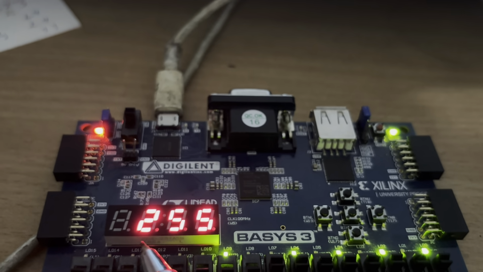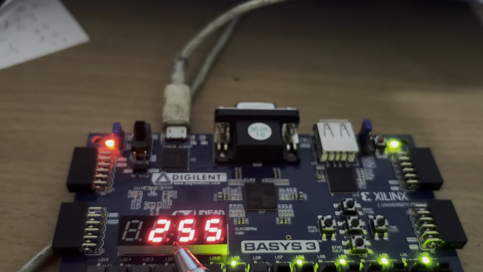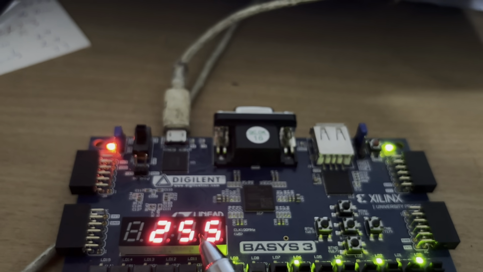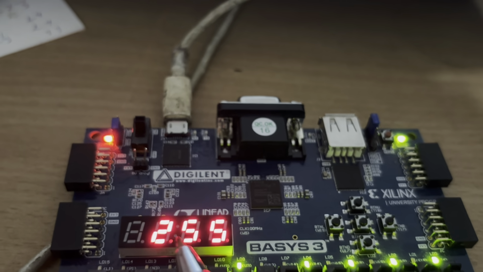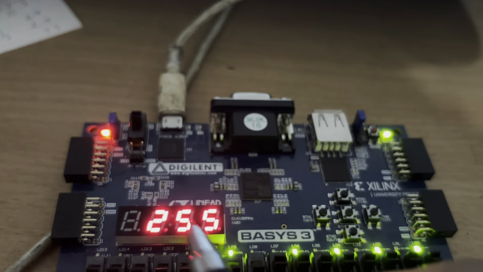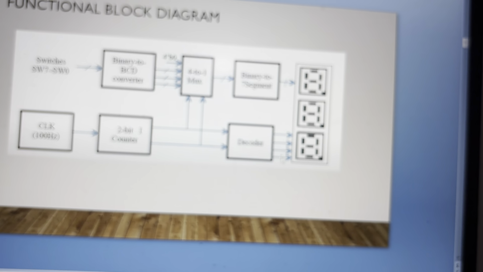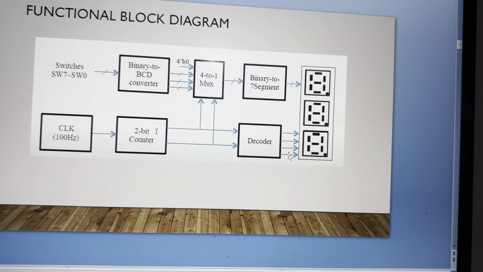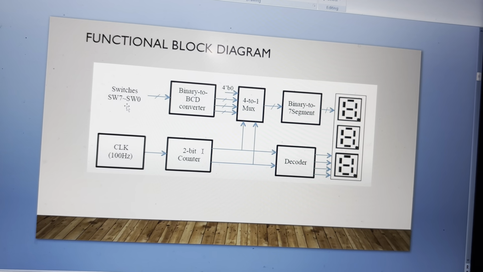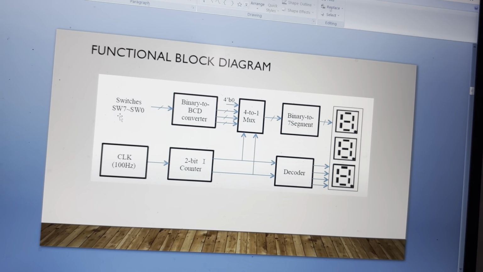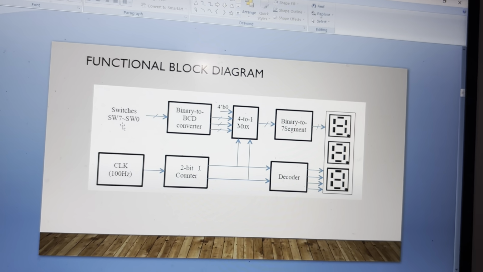As you can see, a minimal change is visible: if one is blinking, then another is getting dimmed. Likewise the rate changes. In the upper portion, the switches act as input.